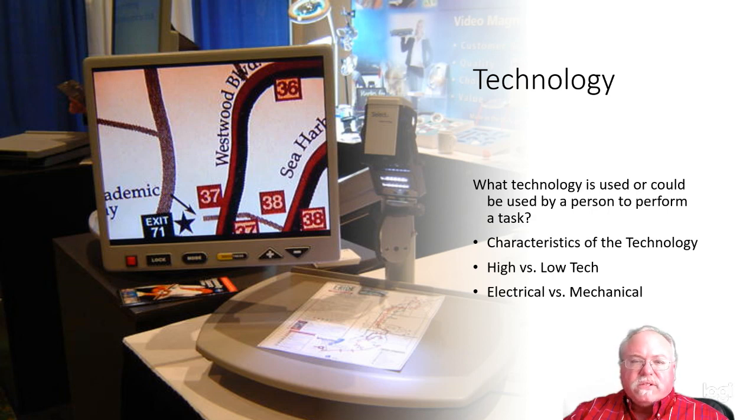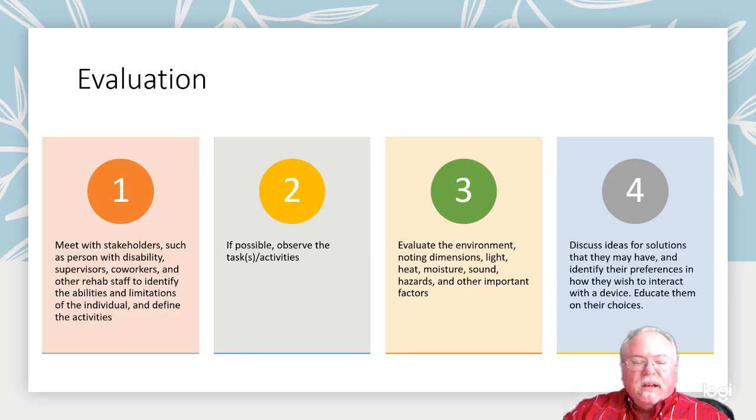So characteristics of technology can be very important when you're considering what someone's needs are and where they need to be able to work. So in our evaluation process, when we first meet with an individual, we're going to meet with the stakeholders, including the person with a disability. If it's employment related, we might meet with their supervisor or coworkers. If it's a student, we might meet with their teachers or teacher's aide.